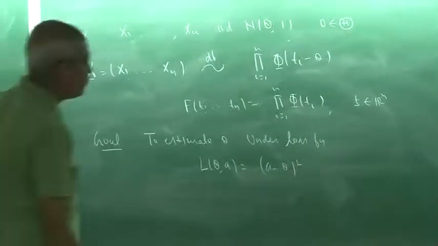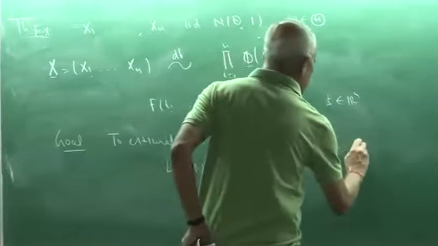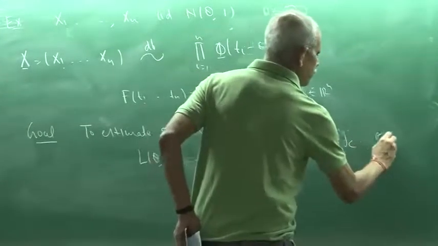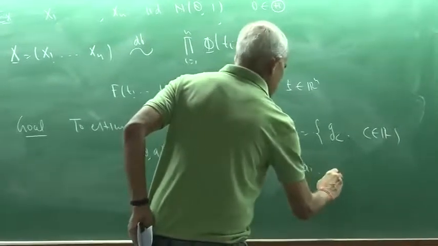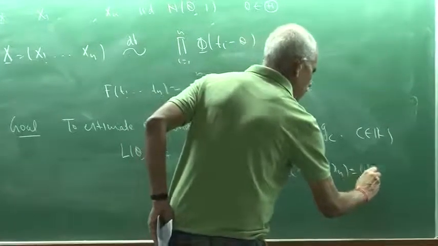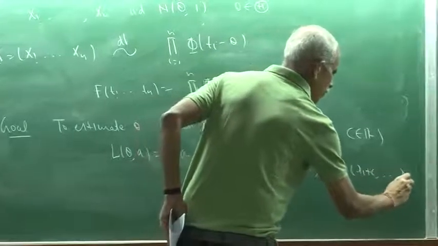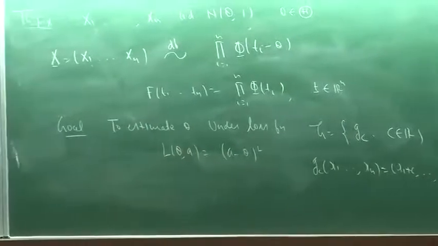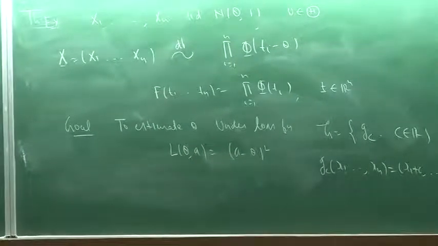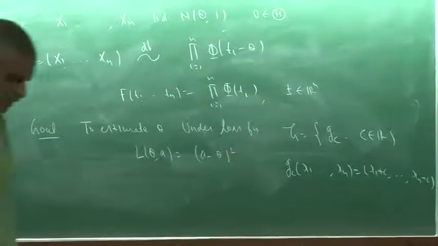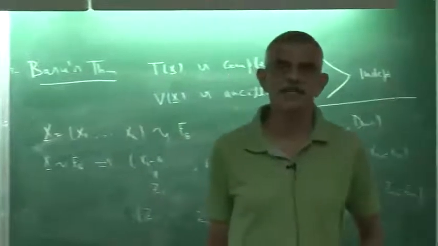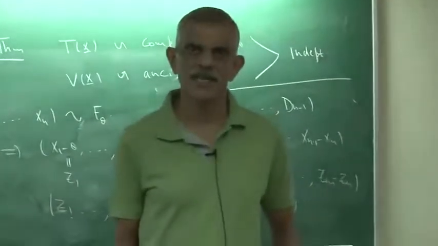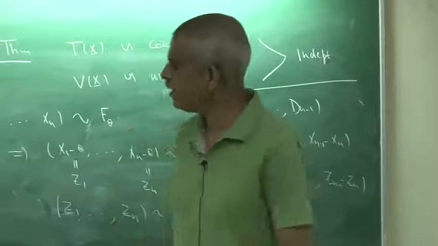So my group of transformations under which this problem is invariant is G_c. So this problem is invariant under this group of transformations, with the corresponding induced group of transformations on the parameter space and action space as: g-bar_c of theta is theta plus c, and g-tilde_c of a is the same as a plus c.